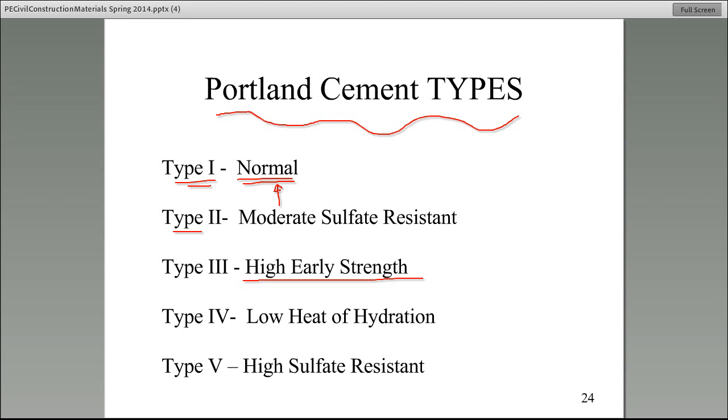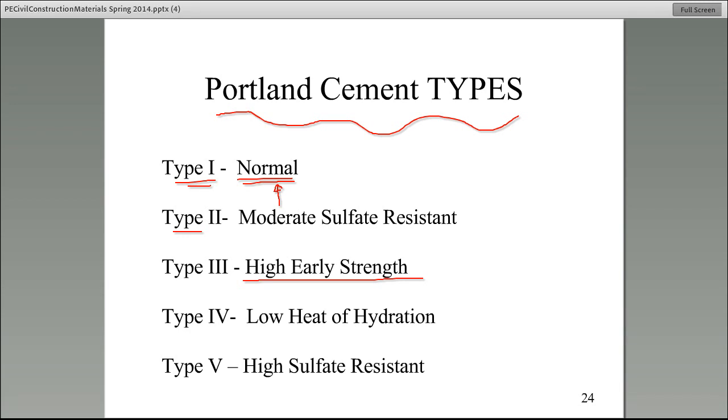It does it by generating a lot of heat. And this is basically what happens. When cement and water come in contact with each other, when you add water to cement, there is a chemical process. It's called the process of hydration. And the process of hydration generates a lot of heat, which we refer to as the heat of hydration.